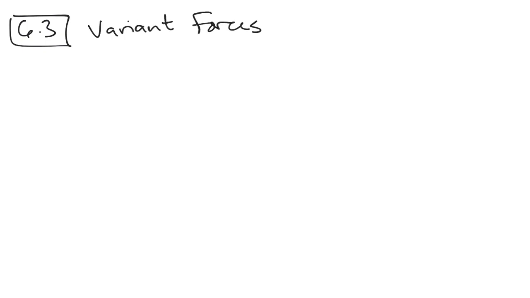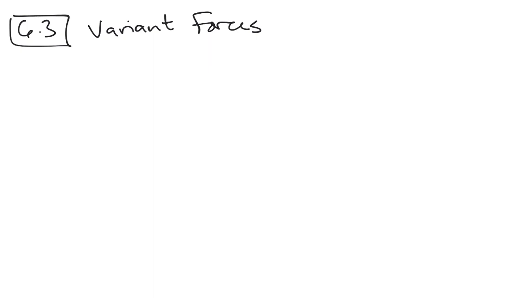But forces do not always have to be constant, and your path does not always have to be straight. So section 6.3 of the book deals with varying forces. And I'm also going to throw in a little bit about varying paths.